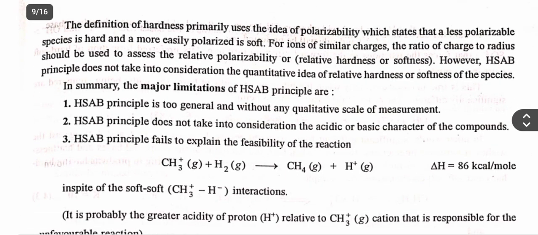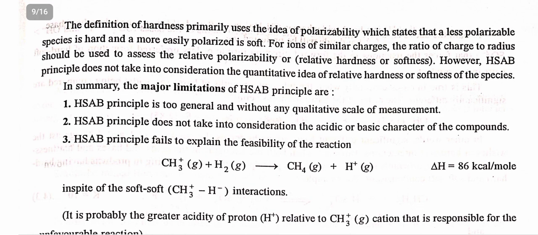The definition of hardness primarily uses the idea of polarizability, which states that a less polarizable species is hard and a more easily polarized species is soft. For ions of similar charges, the ratio of charge to radius should be used to assess the relative polarizability, or relative hardness or softness. However, the HSAB principle does not take into consideration the quantitative idea of relative hardness or softness of the species.